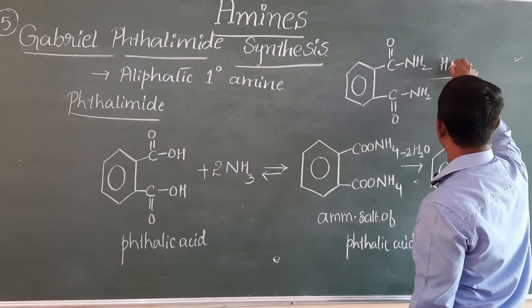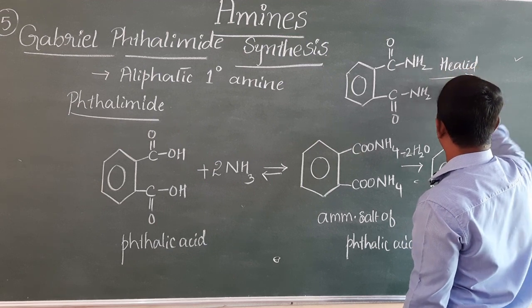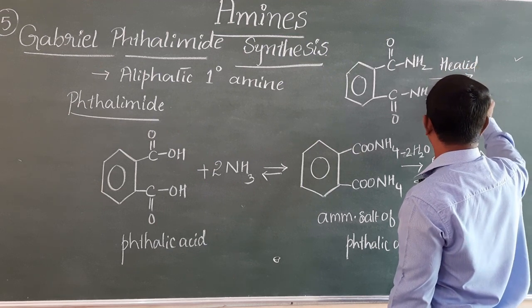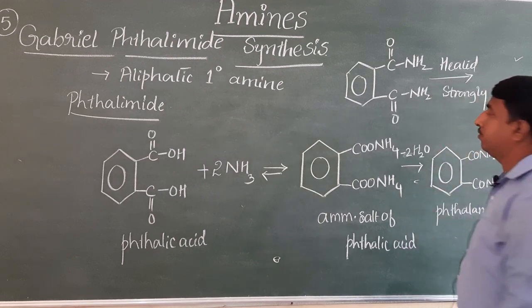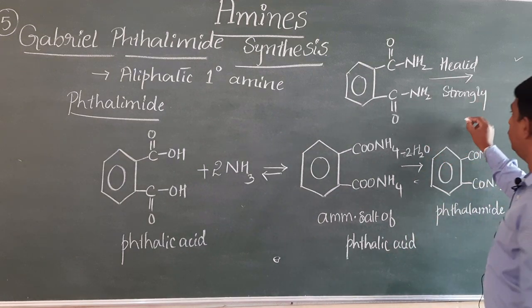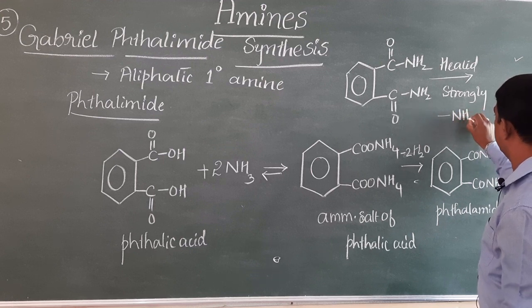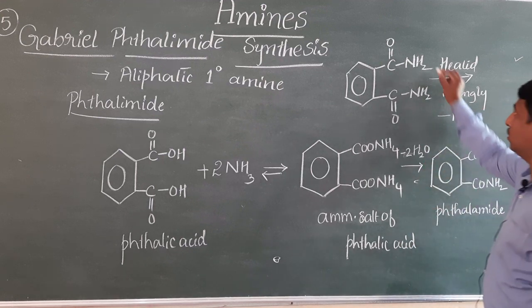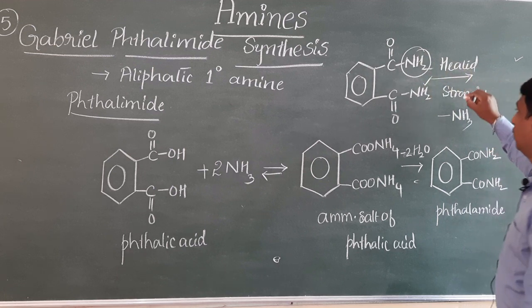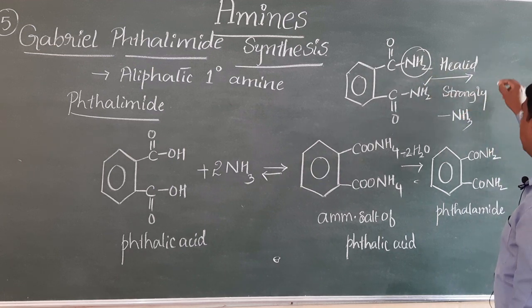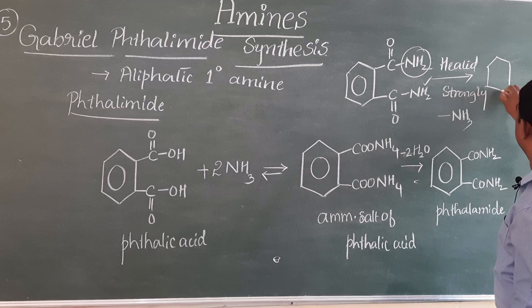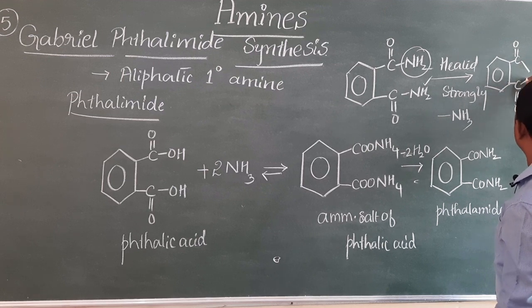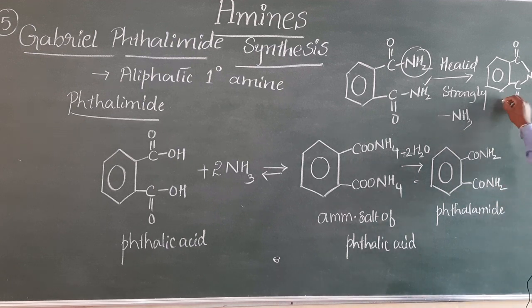Now this phthalamide, when heated strongly, readily loses ammonia, NH2 and H. So when I remove this ammonia, I will get CO, here also CO, and the remaining part is NH. Now this is phthalimide.